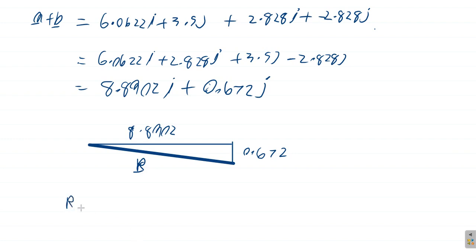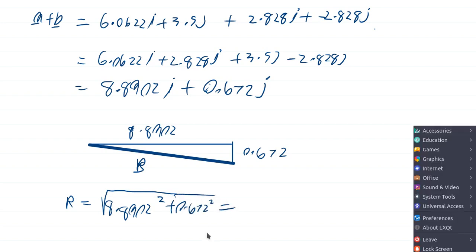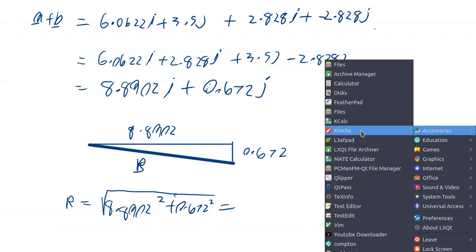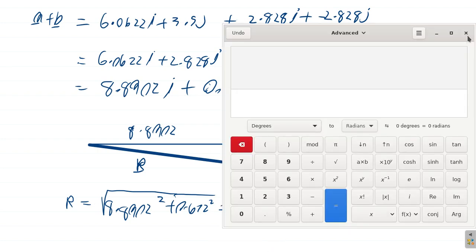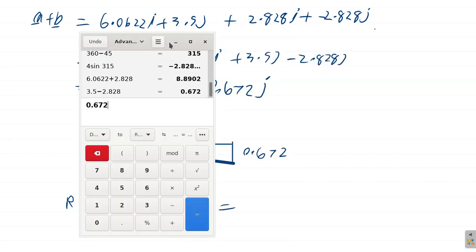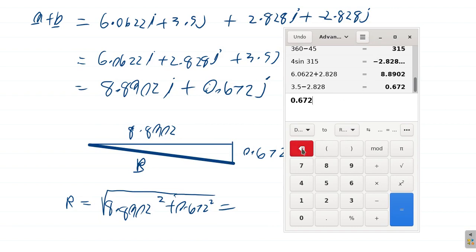By Pythagoras, R is the square root of 8.8902 squared plus 0.672 squared, which gives the magnitude.